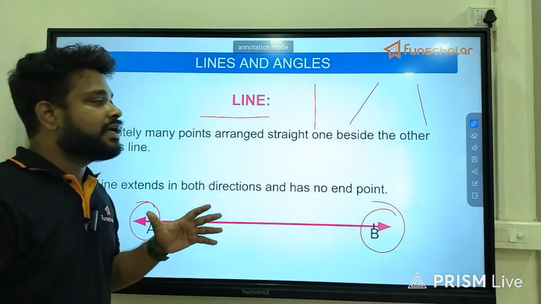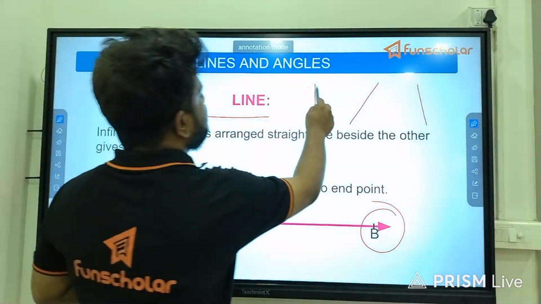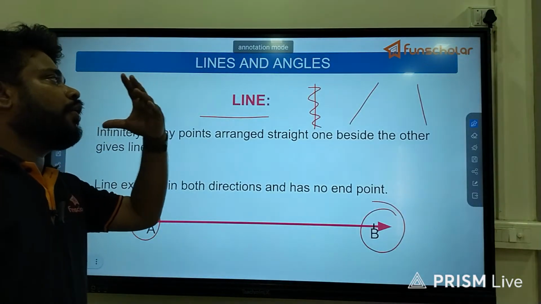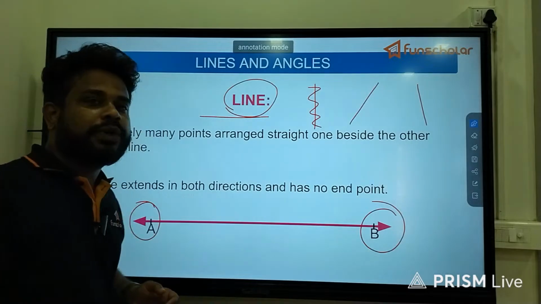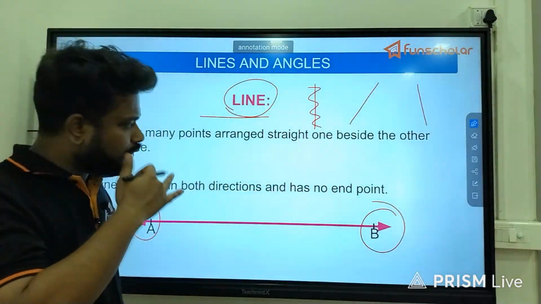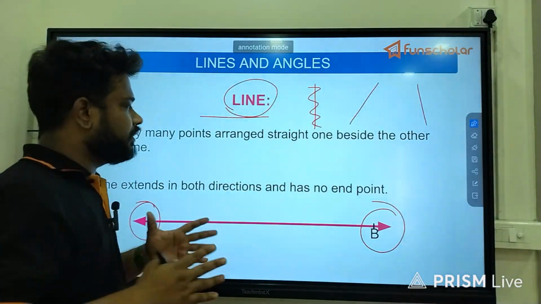Why is this? Because generally we call line segments by the term line. And what is the difference between a line and a line segment? Maybe you have learned it in class 6 or 7, but we will discuss it further.